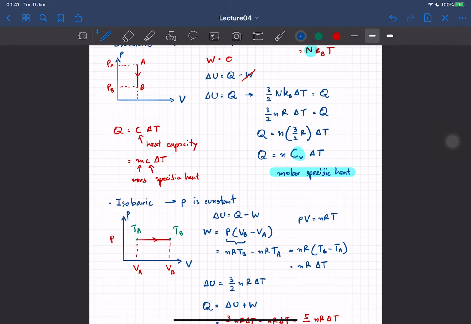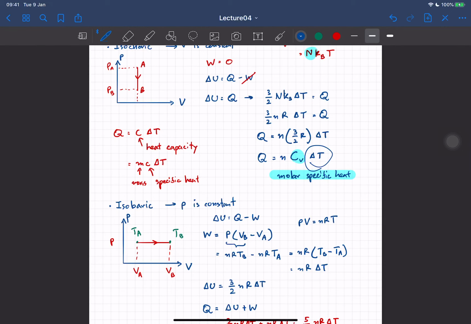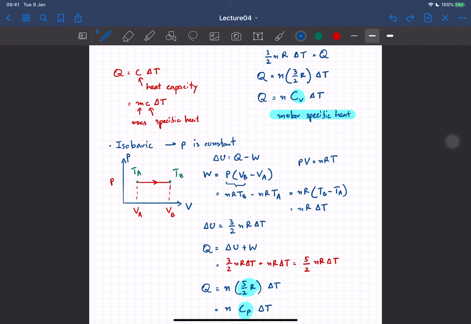If you talk about isochoric, which is constant volume, all the heat goes into internal energy because there's no work done. So you don't waste any energy on the work done. The heat required is given by this formula: 3/2 R times n times delta T.